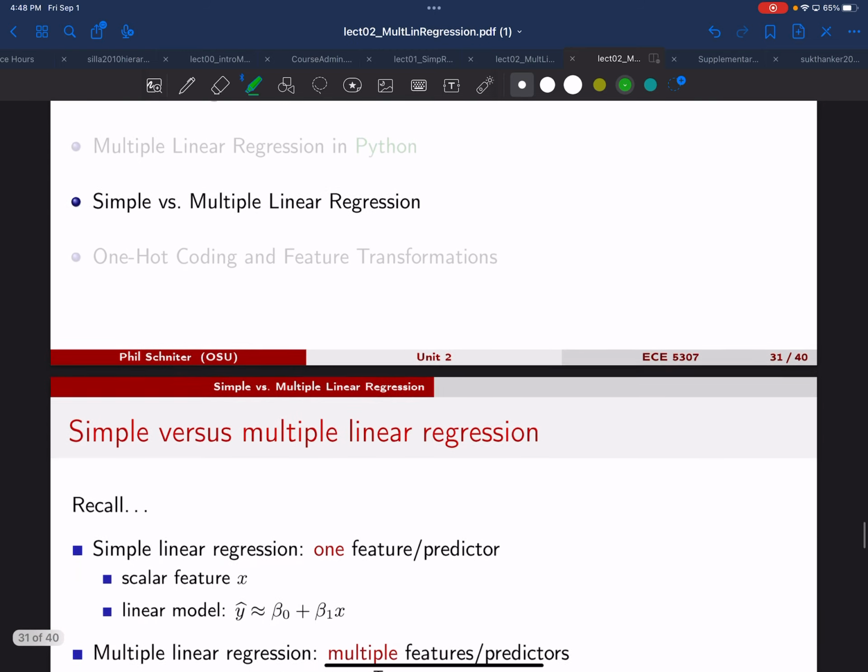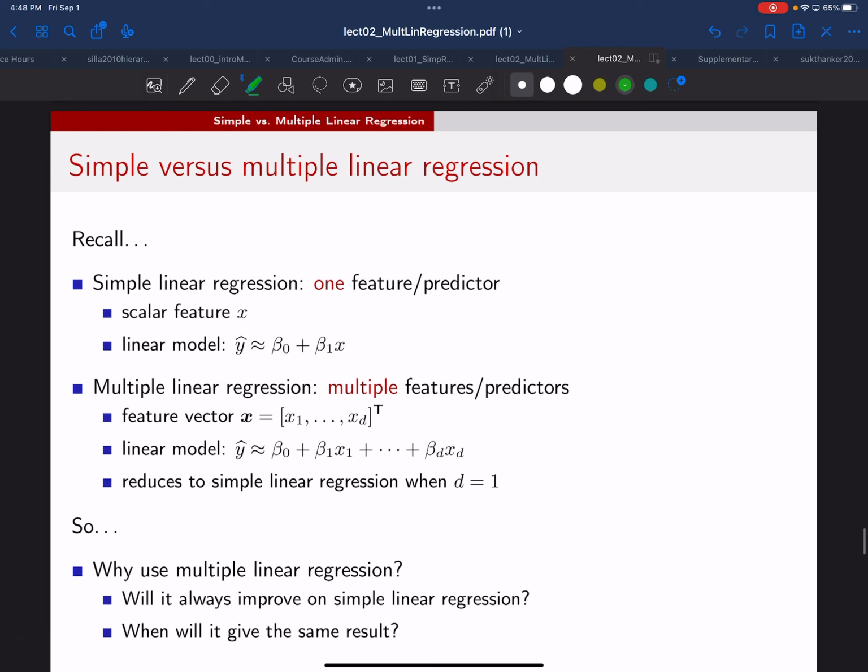So now let's step back and consider what we've done in this unit compared to the last unit. In the last unit, we did simple linear regression. And by simple, we just mean that we used one feature alone. And that gave us a prediction.